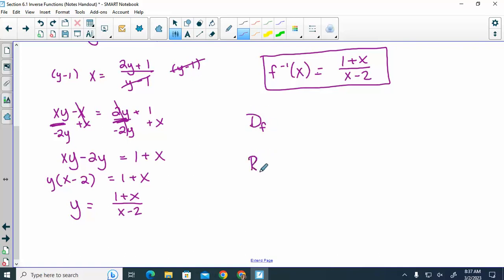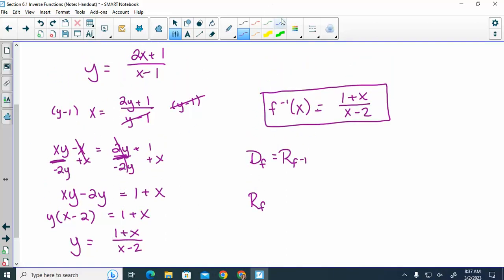I know the domain of my function is equal to the... so if you look at your original function, what can x not be? 1. So this would be negative infinity to 1, union 1 to infinity.